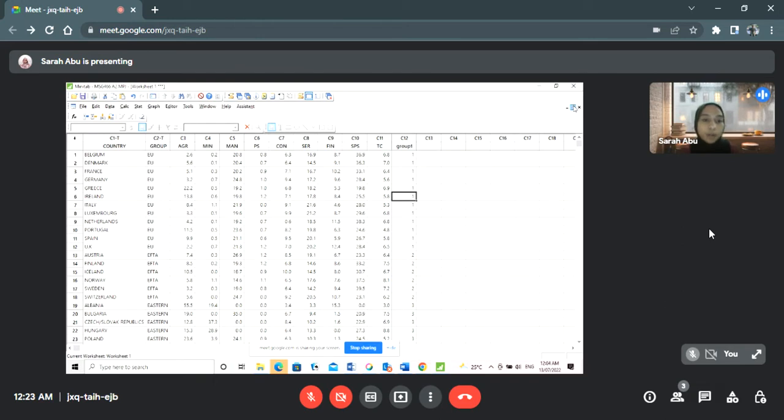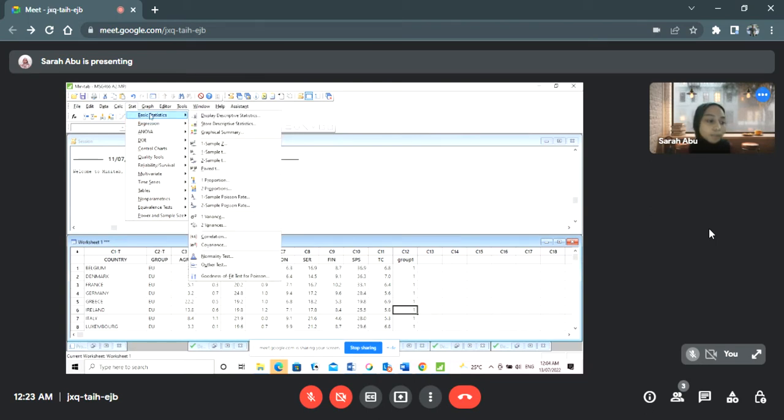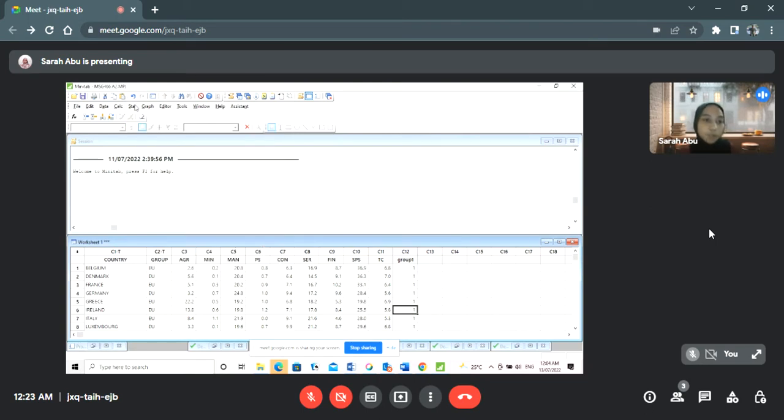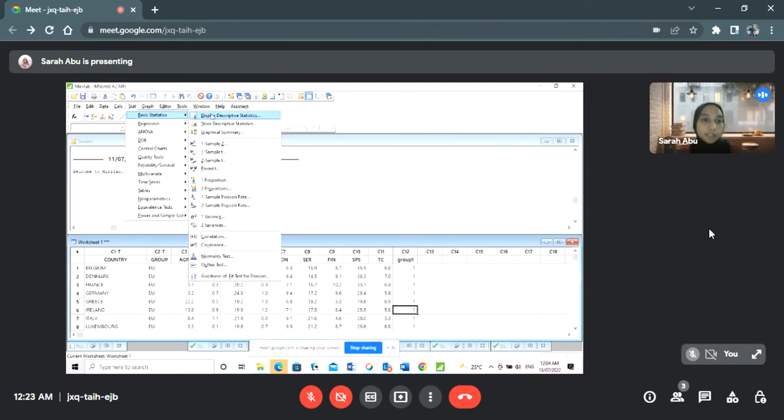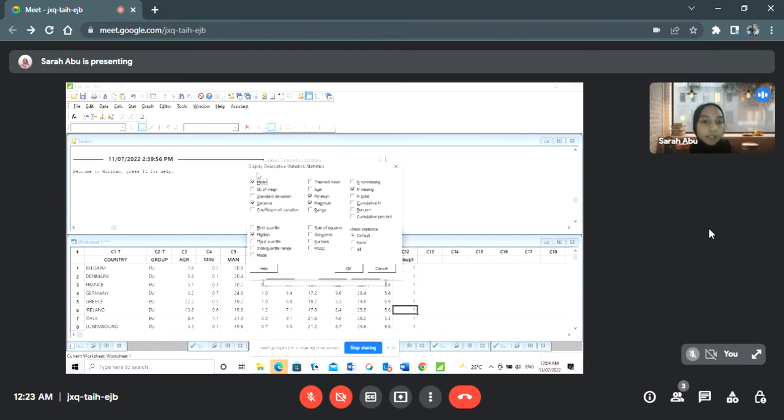So as we have all these data, first we do descriptive statistics. We go to Stats, Basic Statistics, and then Display Descriptive Statistics. For the variables, we set in all the 9 variables, and then we go to Statistics and choose mean, variance, median, minimum, maximum, and N missing.